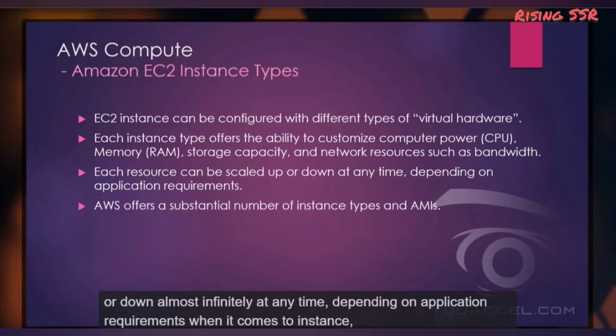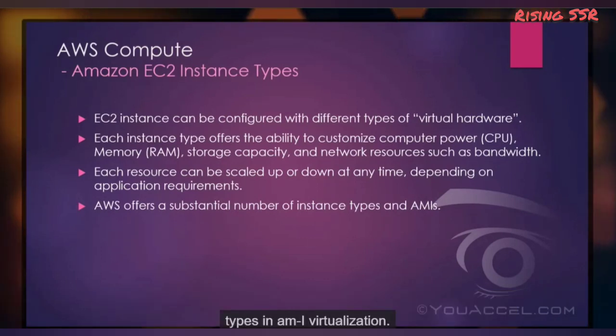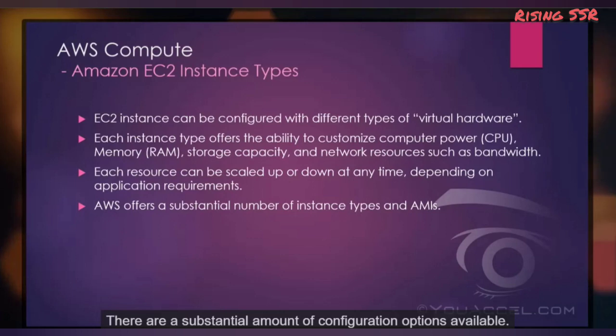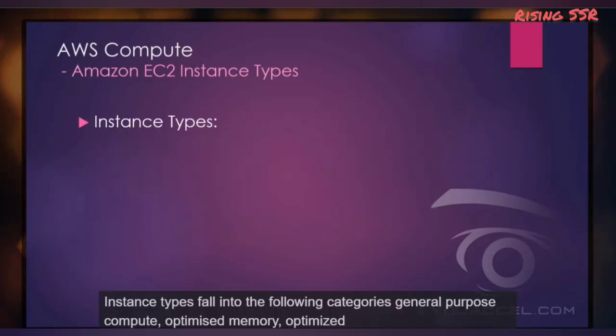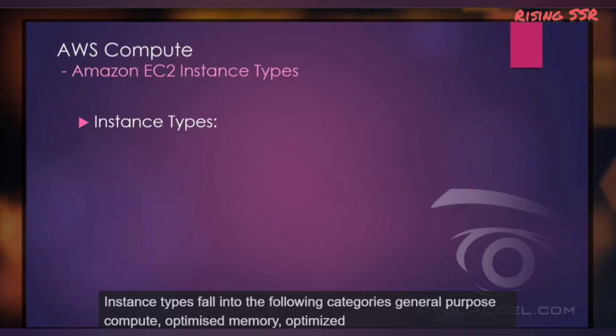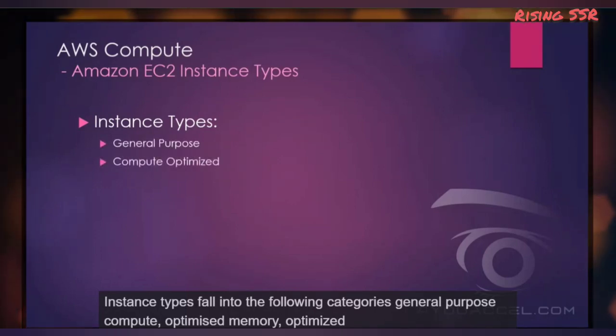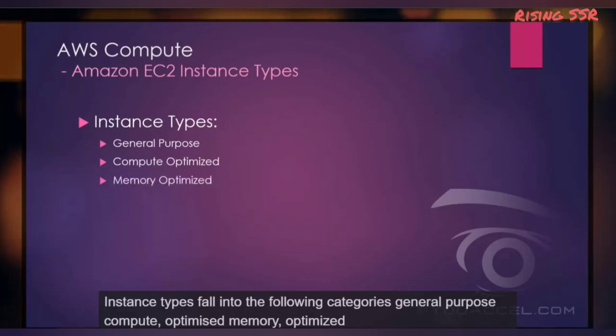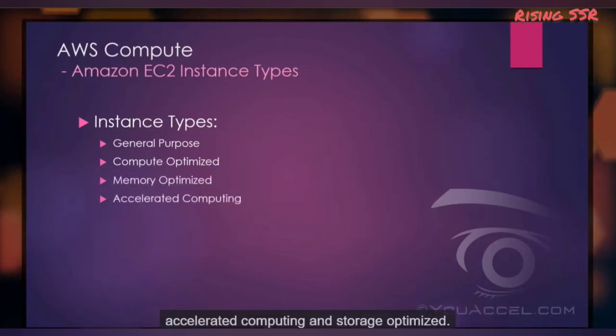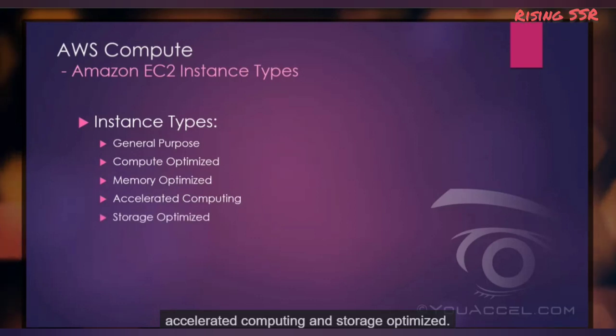When it comes to instance types in AMI virtualization, there are a substantial amount of configuration options available. Instance types fall into the following categories: general purpose, compute optimized, memory optimized, accelerated computing, and storage optimized.